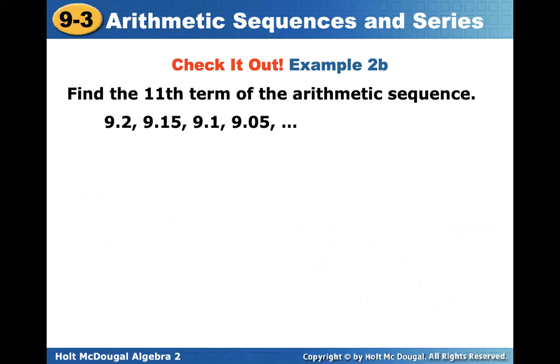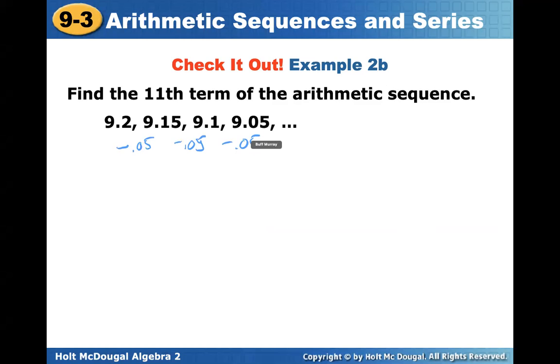All right. Let's try another one here. Find the 11th term here. First of all, it says it's arithmetic. Let's make sure it's arithmetic. How can we make sure it's arithmetic? Find the differences. Down 0.05, down 0.05, down 0.05.